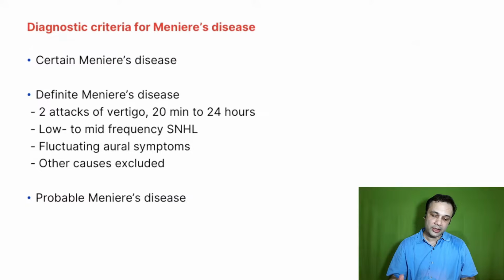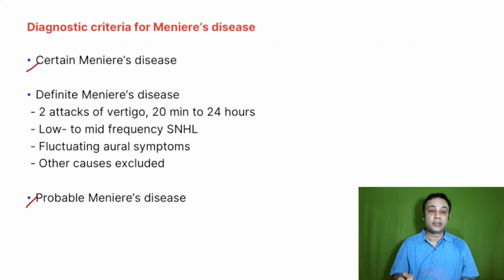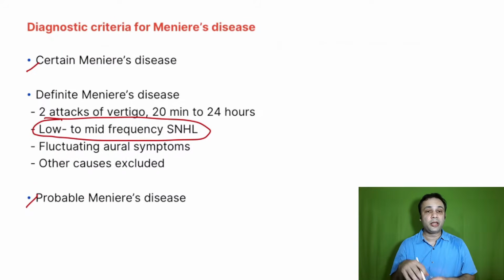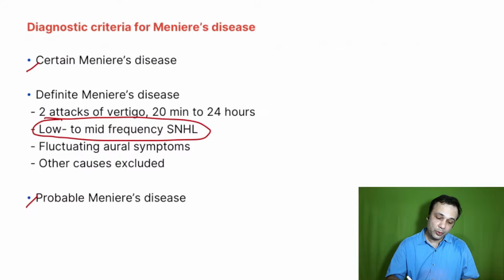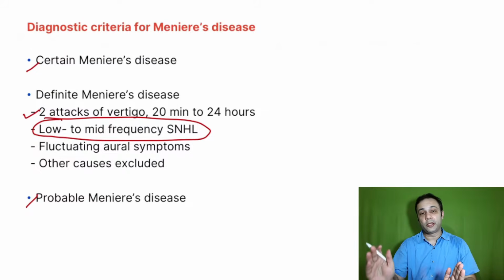So talking about Meniere's disease, this is the diagnostic criteria, just a few words on that. You have certain Meniere's disease and probable Meniere's disease. Remember, the only difference between certain and probable is the low to mid frequency hearing loss, which has been eliminated. A patient presents to you for the first time, you will not diagnose Meniere's straight away. Definite and probable Meniere's is the classification proposed by the Barany Society, and you need to have at least 2 attacks of vertigo lasting 20 minutes to 24 hours.